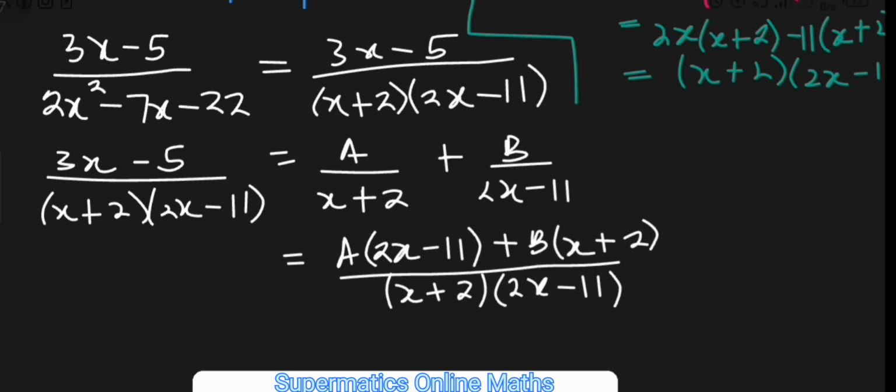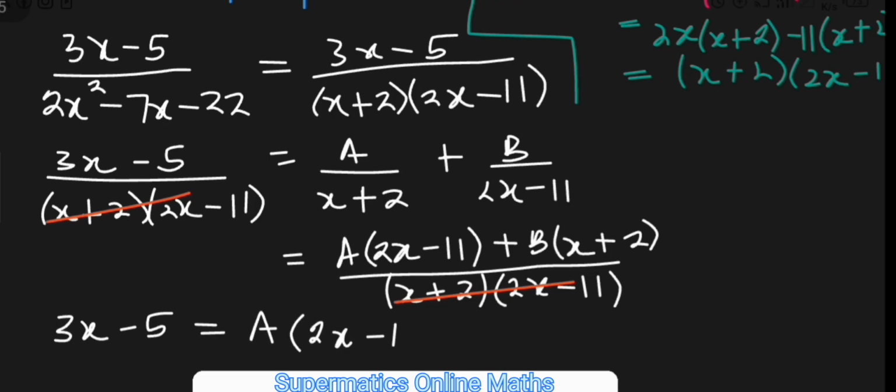Now comparing the left hand side and the right hand side, since we have the same thing in the denominators, we can equate the numerators, meaning that we have 3x - 5 equivalent to A times (2x - 11) plus B times (x + 2).